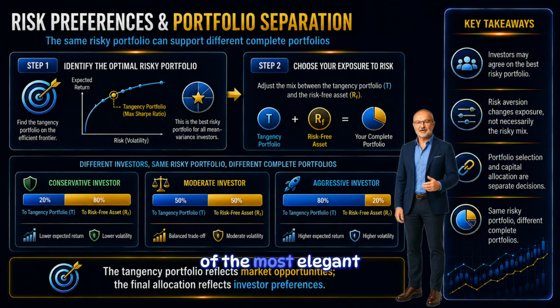This gives us one of the most elegant ideas in modern portfolio theory, the separation of decisions. The first decision is risky portfolio selection. This means identifying the risky portfolio with the best risk-return trade-off. Under the standard theory, that is the tangency portfolio. The second decision is capital allocation. This means deciding how much wealth to place in the tangency portfolio and how much in the risk-free asset.